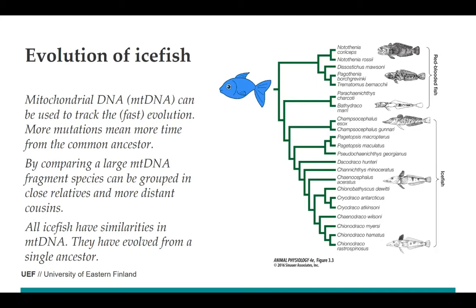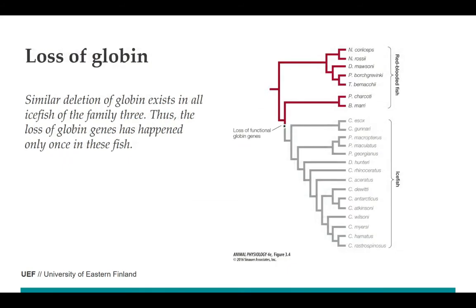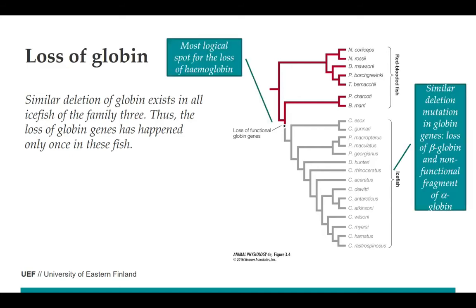And when comparing this with the loss of globin coding genes, the globin genes have been lost in all these ice fish. And most probably it has happened only once in the history of life. So the most logical spot of the loss of hemoglobin is just when the first ice fish were evolving.